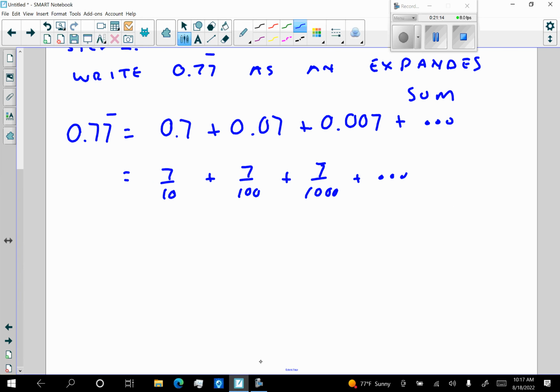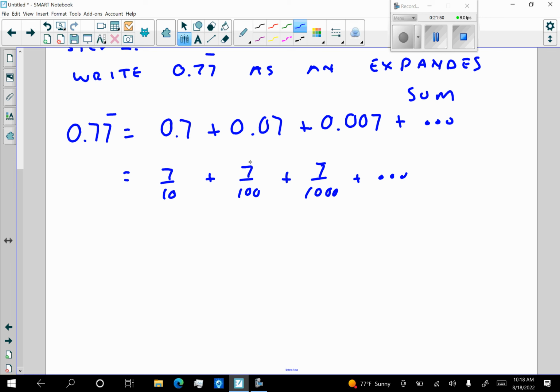True or false? These are the terms of a geometric sequence. Before I talk about this, what's the common ratio between each of these terms? 1/10, right? 7/10 times 1/10 is 7/100, times 1/10 is 7/1000.